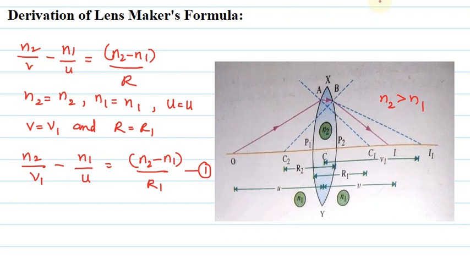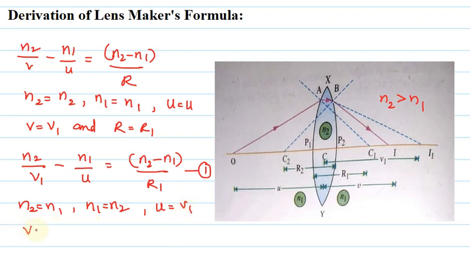So here N2 is N1 and N1 is N2, because light is traveling from denser medium to rarer medium. The object distance is V1, because this I1 is the image due to the first refracting surface, and this image behaves like a virtual object for the second refracting surface xP2y at B. So this becomes the object distance.